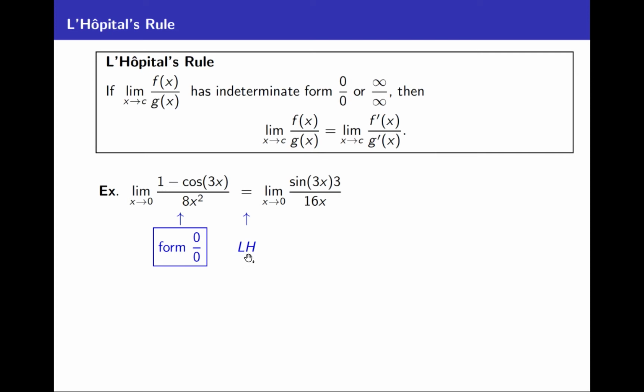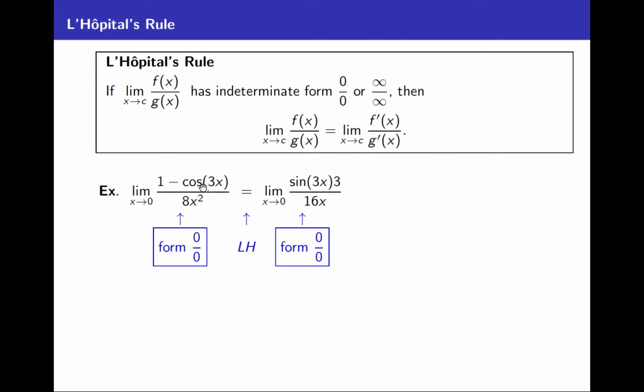The LH means L'Hopital, so we have applied L'Hopital's Rule in going from here to here. We've replaced this limit with the limit as x goes to 0 of the derivative of 1 minus cosine 3x divided by the derivative of 8x squared.